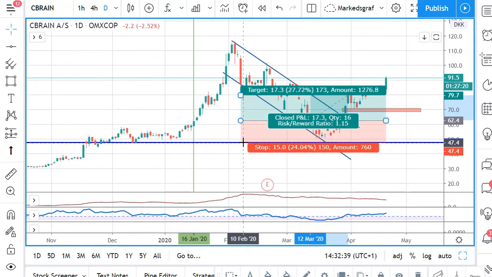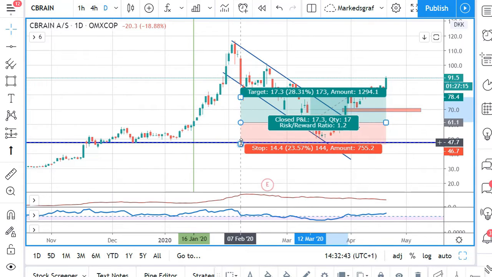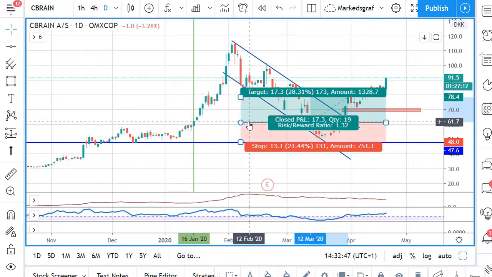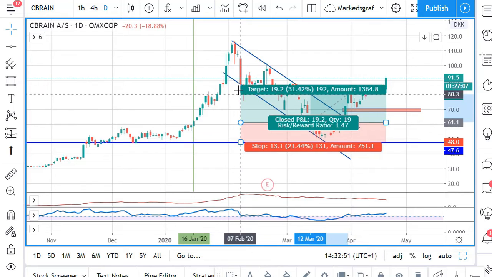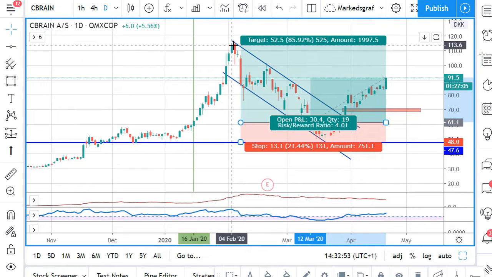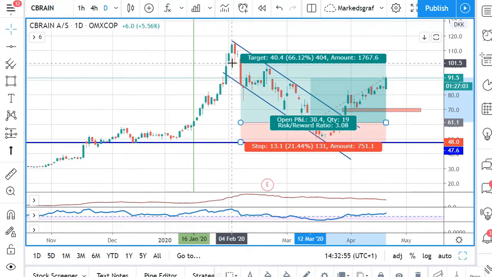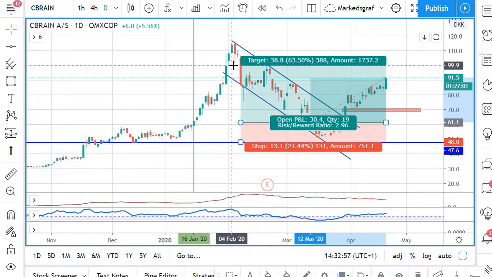So if, for instance, you have here, let's just bring it down here. Let's just say that you enter at this price level, you have a stop loss here, and you have some sort of target. Let's say that you are having what is called a 3R target.